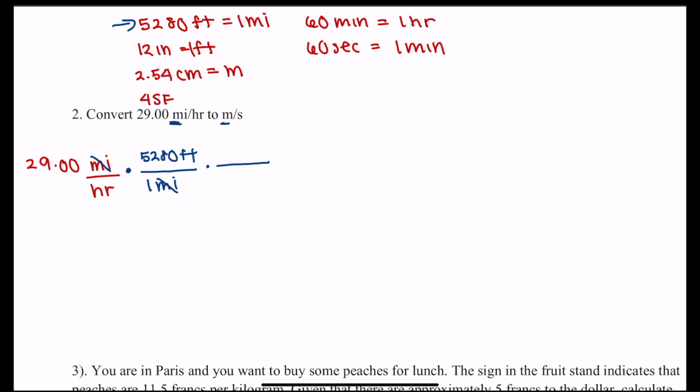So I can cancel out the feet to 12 inches for 1 foot. That cancels out, leaving us with 1 inch. And although I know that in 1 inch there's 2.54 centimeters. That means 1 inch is going to go on the bottom, so I can cancel out the inches, leaving us with 2.54 centimeters.